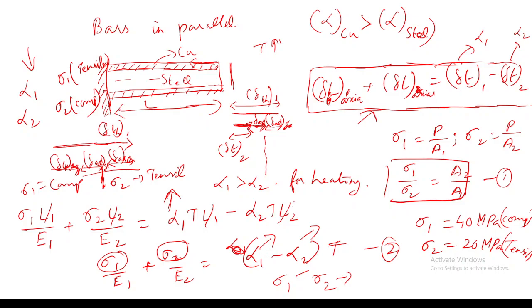If one is tensile and one is compressive, then this equation may not give the wrong results. Using this equation 2, you will get only positive values, since alpha 1 is greater than alpha 2, right?